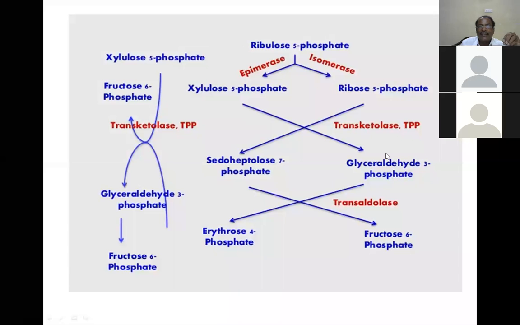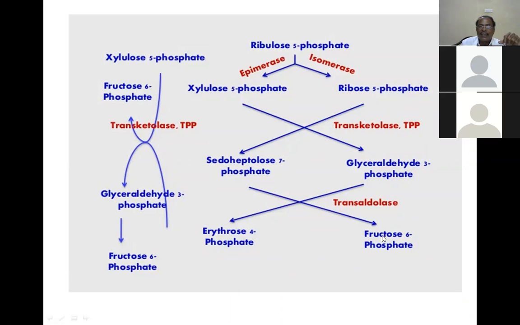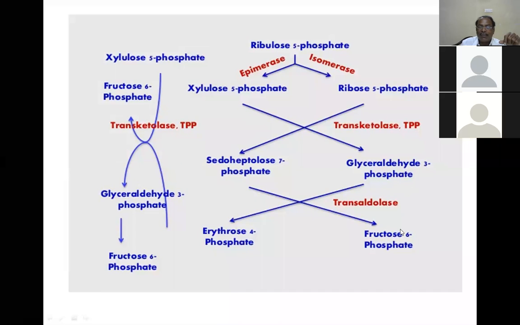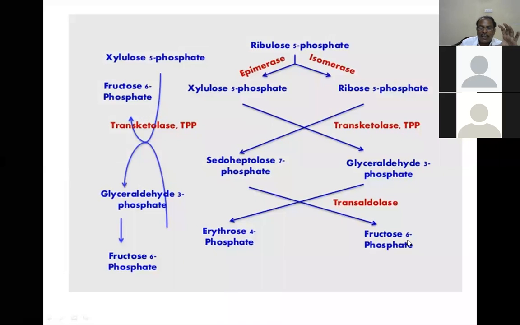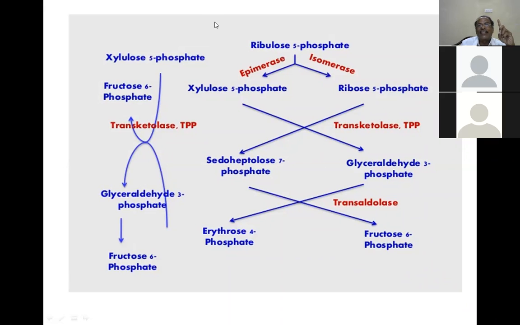Glyceraldehyde 3-phosphate and dihydroxyacetone, both of them together produce fructose, and as the 3-phosphate becomes a 6-carbon molecule with the phosphate at the end, it automatically becomes 6-phosphate. So fructose 6-phosphate is generated. Where did we start from? We started from glucose 6-phosphate.